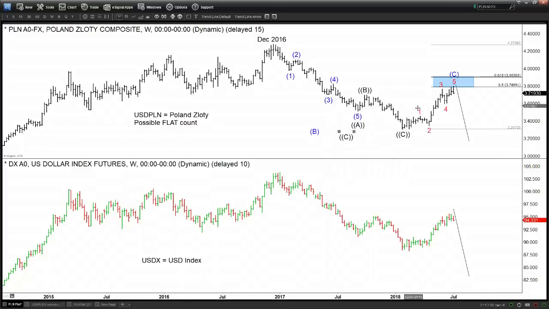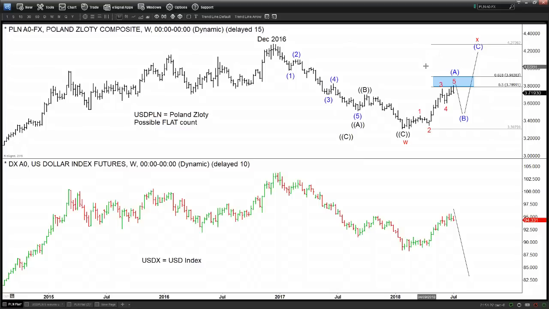Then this 5 waves up is only wave A of a zigzag, and if that's the case, then we should see a wave B followed by more upside in the wave C to finish this expounds here as an ABC before it turns lower, something like this.